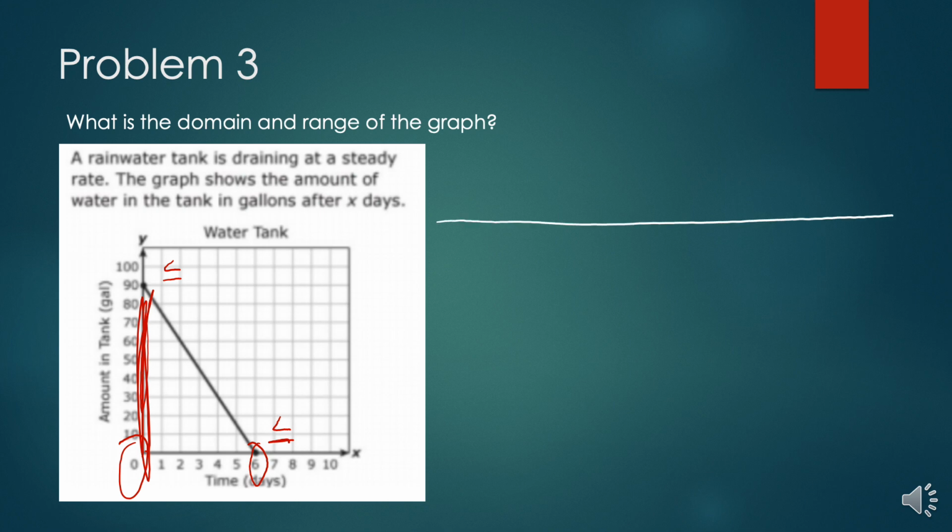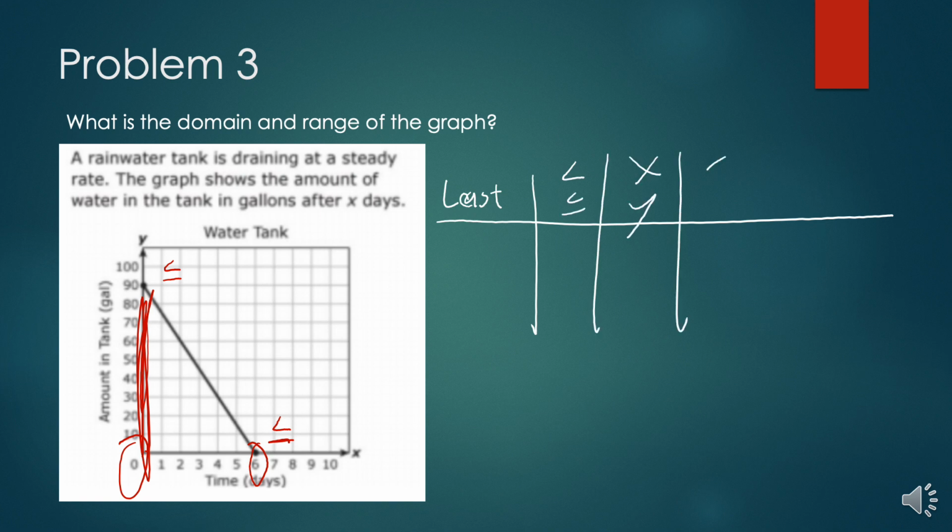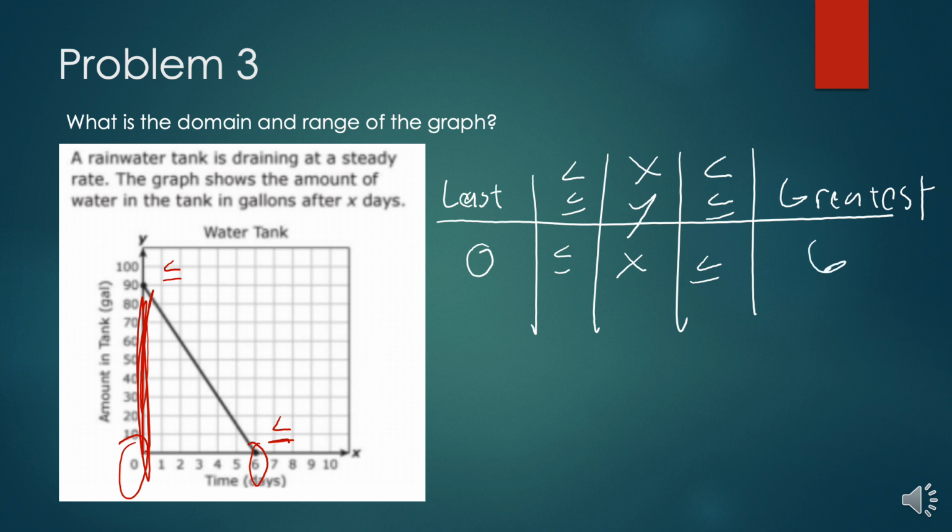So using my graphic organizer, least to greatest. So my lowest number is 0, less than or equal to x, less than or equal to 6.